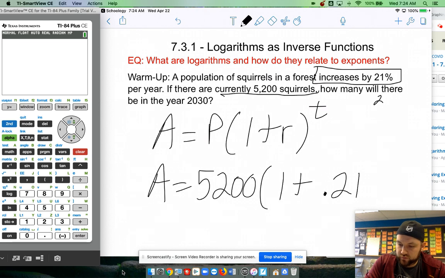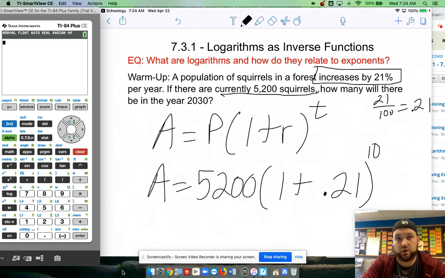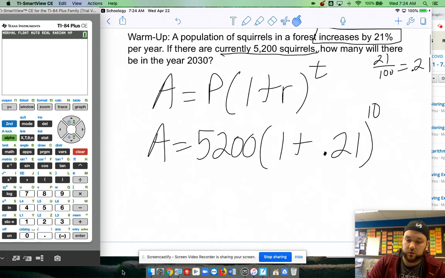You have to change your percentage into a decimal, which either means you are moving the decimal point twice or you are dividing by 100. And then to the power of, in this case, we're going to go with 10 because 2030, we're in the year 2020. So it's 10 years later.